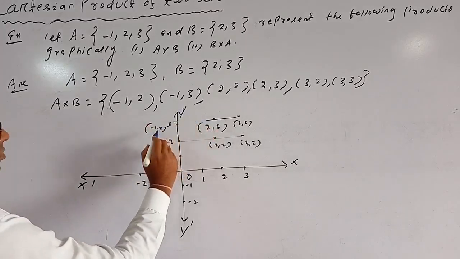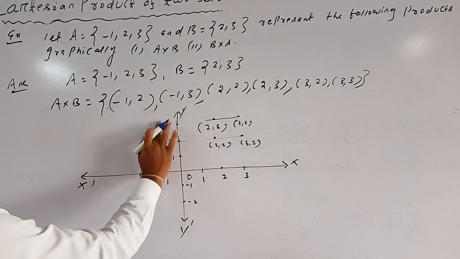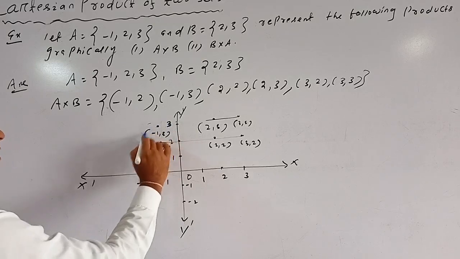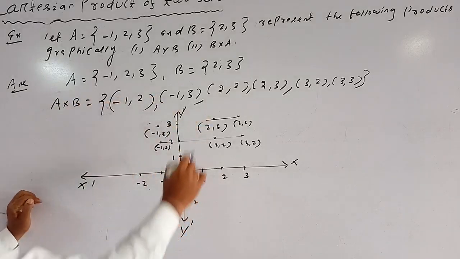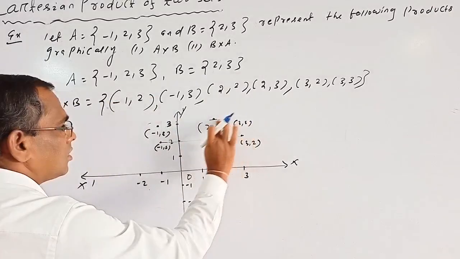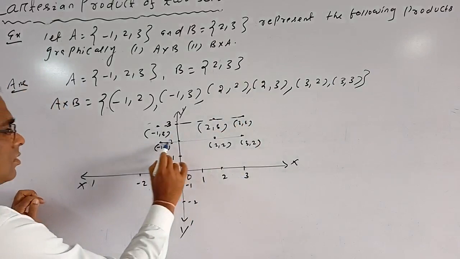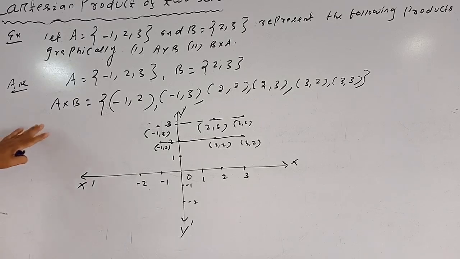This one is (2, 3), and this is (3, 3). Now we join these points. Okay. So these are the points in a Cartesian plane.